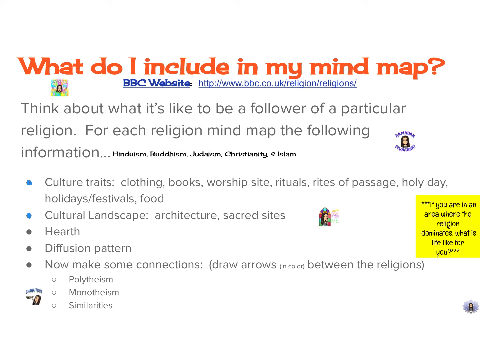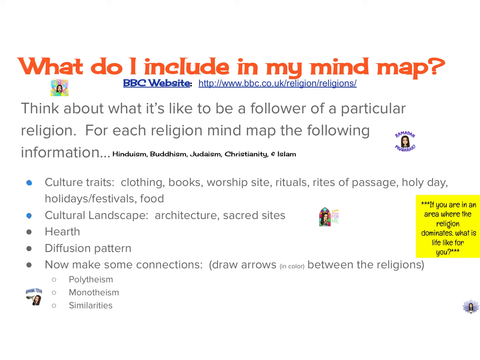I want you to look at pictures of what their worship building looks like, and is there stuff on that building that is specific to that religion, and is that influencing other buildings or things around that area? If it's mostly an Islamic area, or mostly a Jewish area, are those architectural features seen in other buildings too, okay?